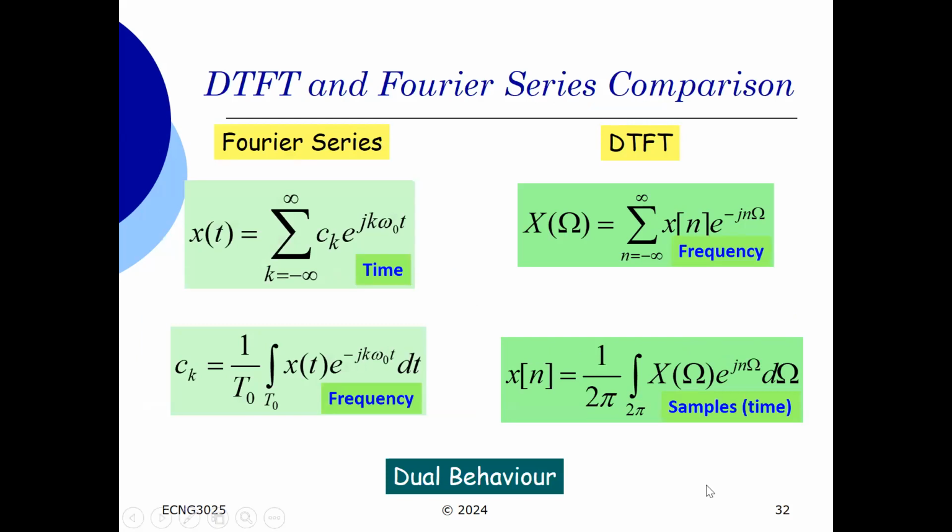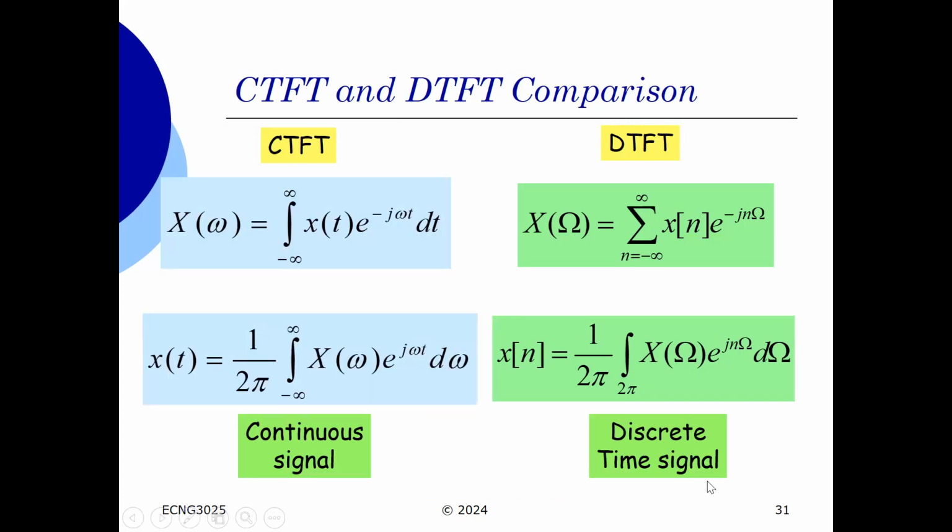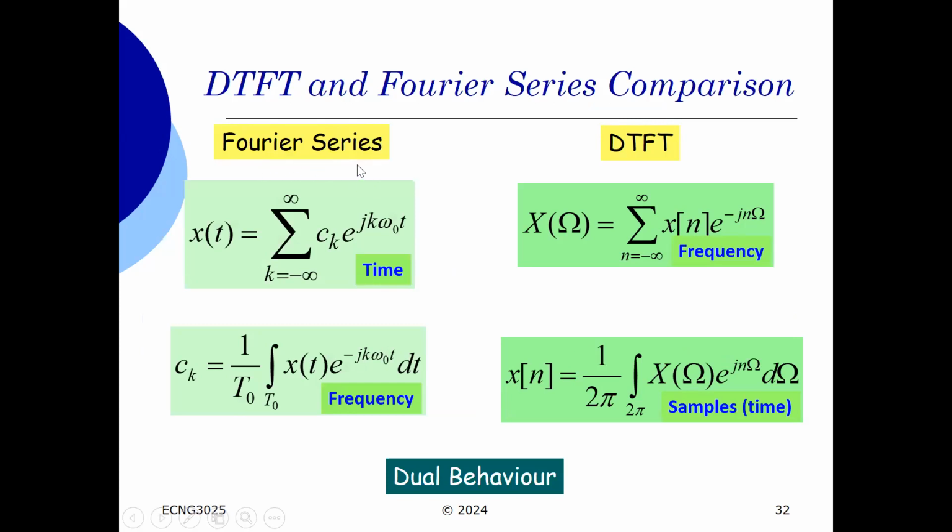If you compare the Fourier series with the DTFT, because remember the Fourier series has a summation, it's a sum of these individual coefficients, you notice that the behavior mathematically is very, very similar.